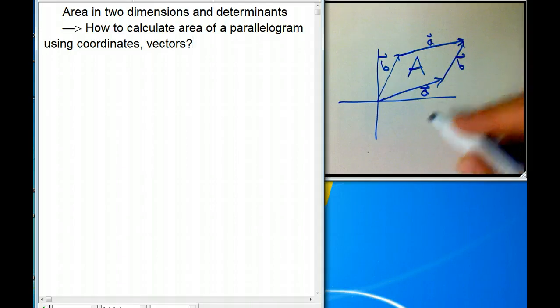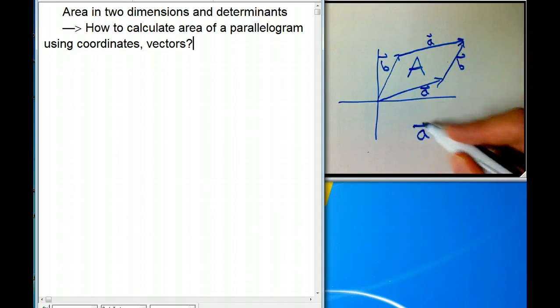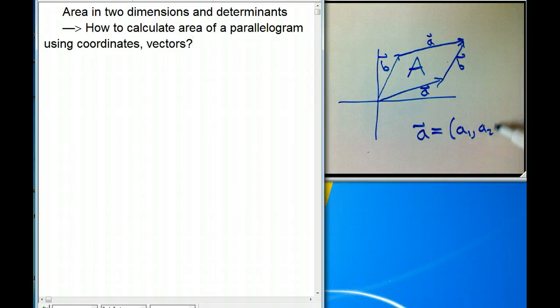So if I'm given the coordinates or the components of those vectors, so some numerical information like A is A1 A2 and B is B1 B2, then I want to know how from those four numbers we're going to be able to calculate that. Okay, so let's go over here.